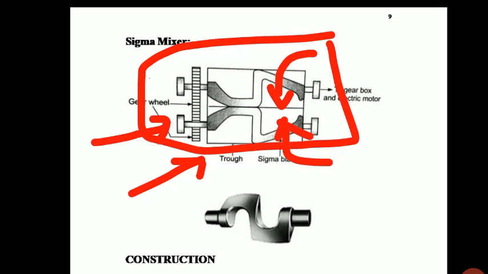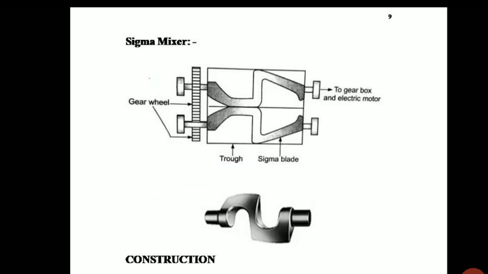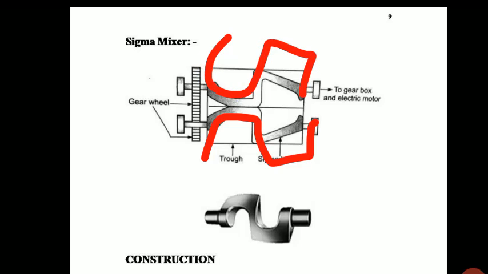Now we shall see the working of Z blade mixer. In the sigma mixer, there are two Z shaped blades; this is one Z shape and the other is another Z shape, reversed.